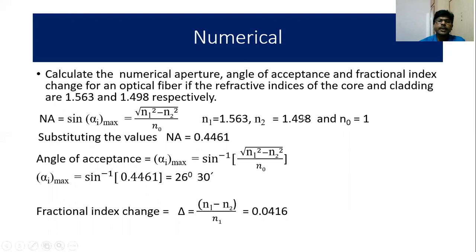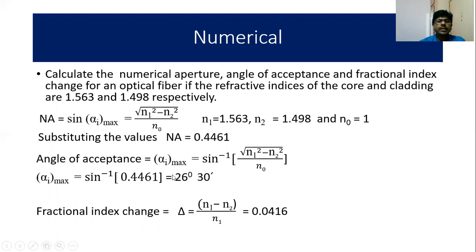What is given in this particular numerical? n1, the refractive index of the core, is equal to 1.563. n2, the refractive index of the cladding, is 1.498, and we know n naught is the refractive index of air, which is equal to 1. Substituting the values, we get numerical aperture equal to 0.4461.